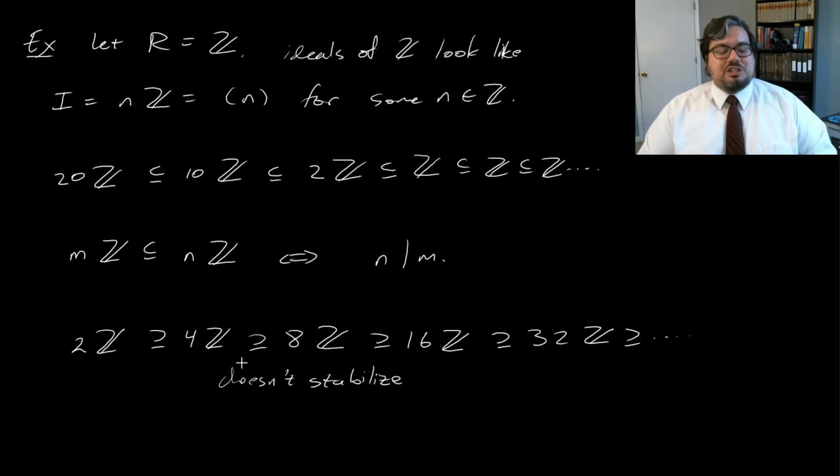So rings which satisfy the descending chain condition are very, very rare in the grand scheme of things, whereas rings which satisfy the ascending chain condition are very commonly studied. Now, the ascending chain condition is the property that we want to use to define Noetherian.